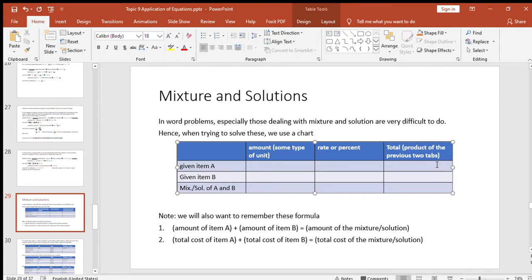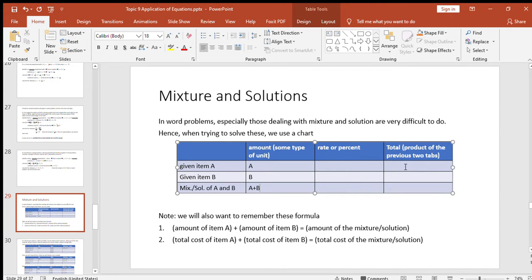Aside from this chart, you also need to remember that to fill in this tab, you need to add this and this to get this. So the amount in the mixture or solution is A plus B. That doesn't go for the rate or percent. You don't add rates and percents to get your mixed rate or percent. This will be given to you most of the time.